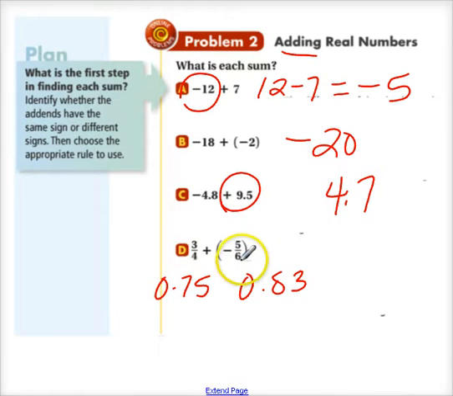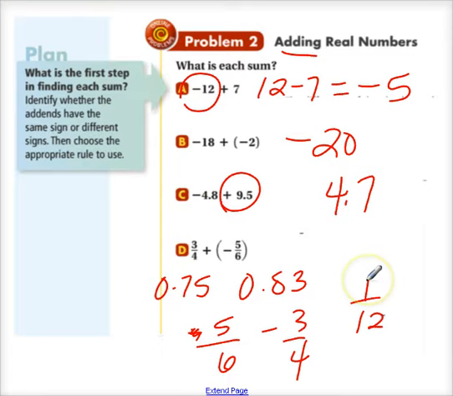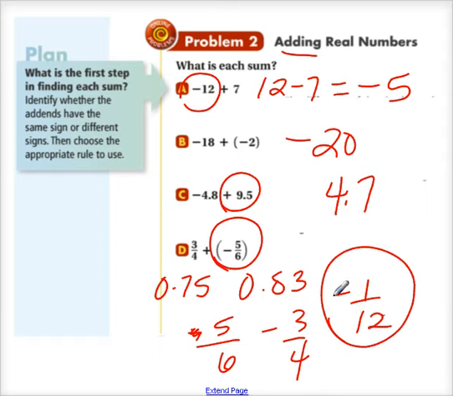So 5/6 is bigger than 3/4. So I'm going to ignore the negative right now. 5/6 minus 3/4. I can do that on my calculator. I get the fraction 1/12. And because 5/6 was larger and it was negative, my answer is negative.